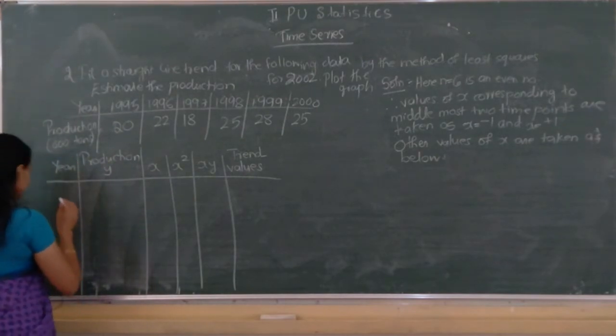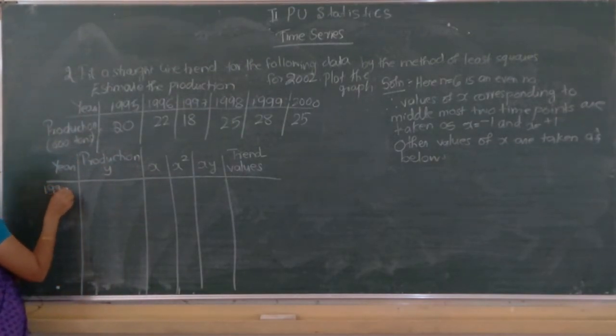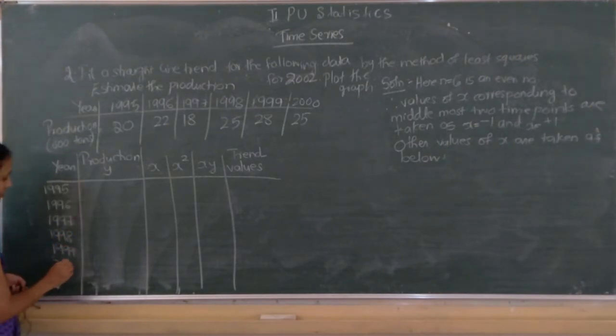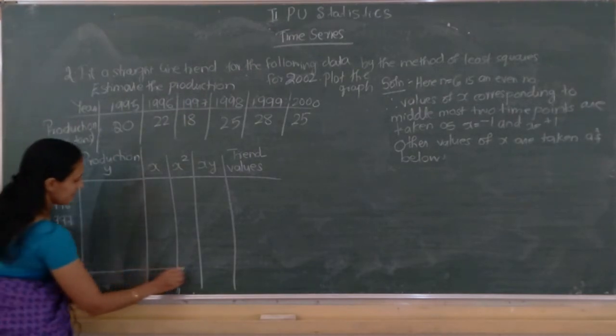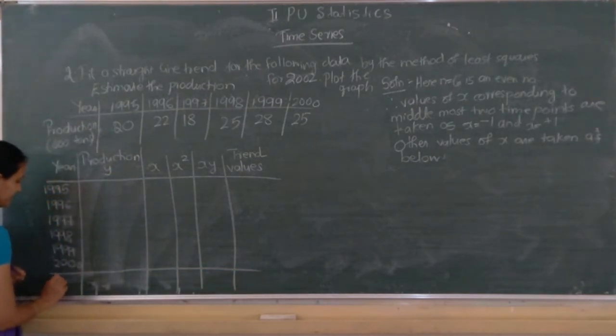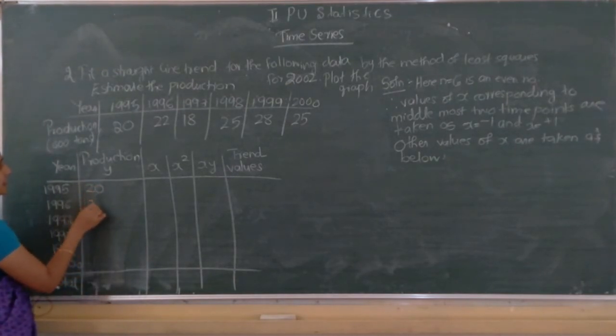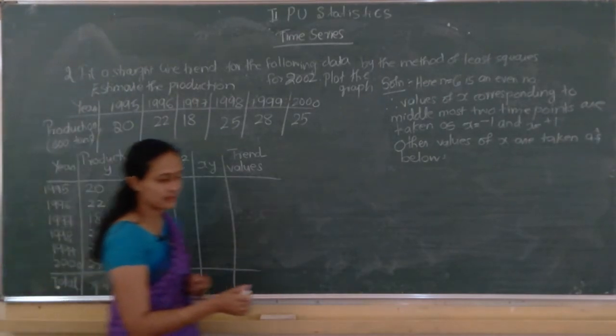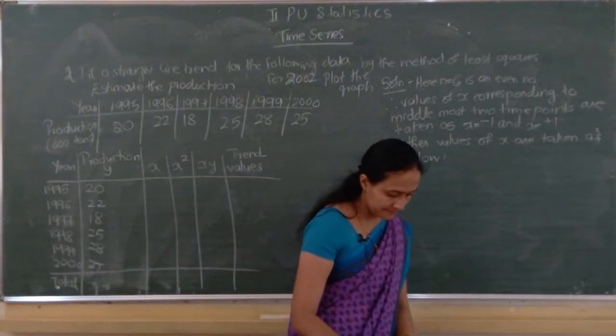Year: 1995, next 1996, next 1997, 1998, 1999, next 2000. Total. Here it is 20, 22, 18, 25, 28, 25. Okay, correct na?